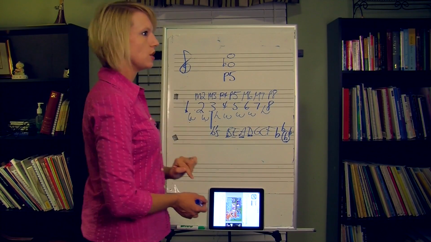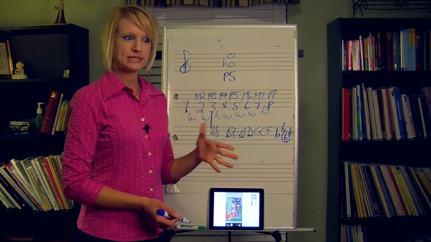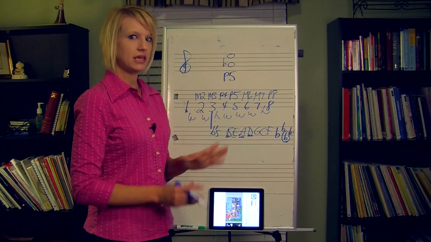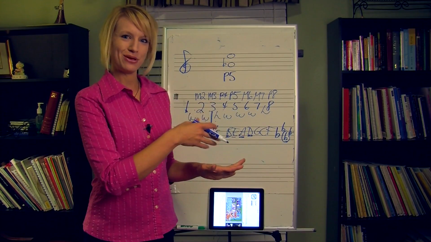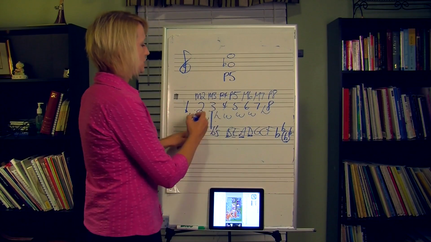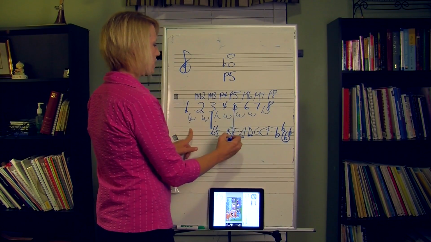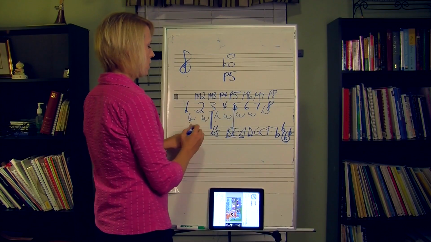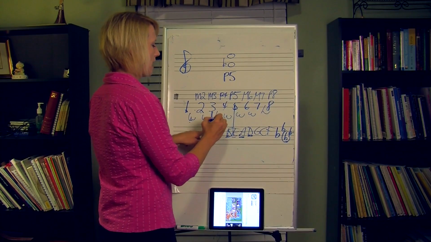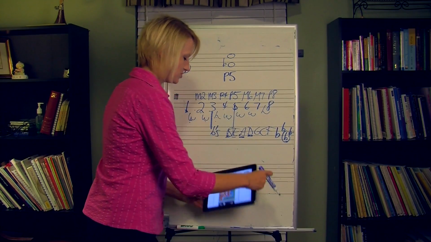So again, if you know your key of A flat, think about what's in it. If you know what it is, go ahead and put it on there. If not, let's do it this way right here. To go up a perfect fifth, we're going to go whole, whole, half, whole. So let's do it together.